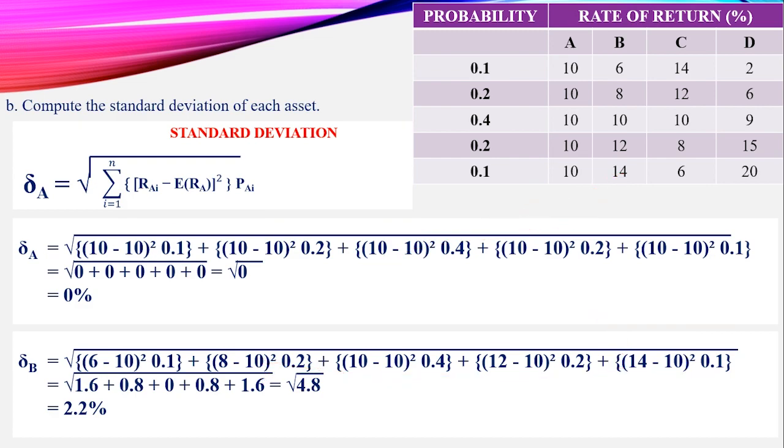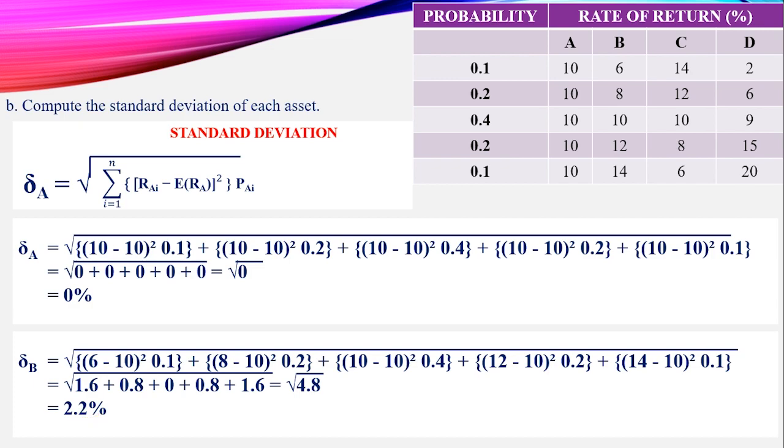Then when you add everything here, you get 4.8, you square root that, you get 2.2. So here, the standard deviation for B is 2.2%. And remember what we have said, the standard deviation represents the risk of investing in that particular asset. So the higher the standard deviation, the higher the risk of that particular asset.